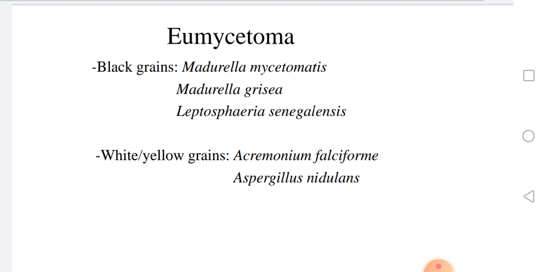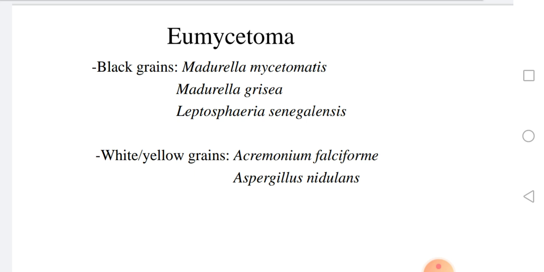We come here to mycetoma and the colors of the grains. Eumycetoma, the fungal mycetoma, the lesion may discard black grains. And we are going to give examples of the fungi that cause mycetoma discarding black grains.